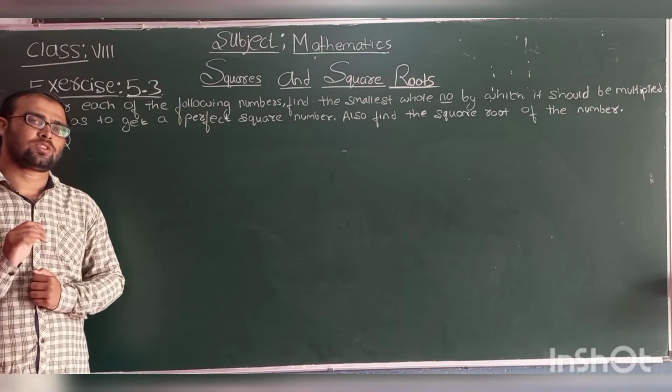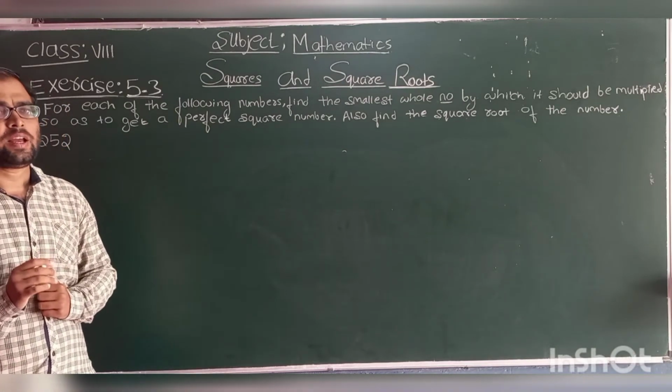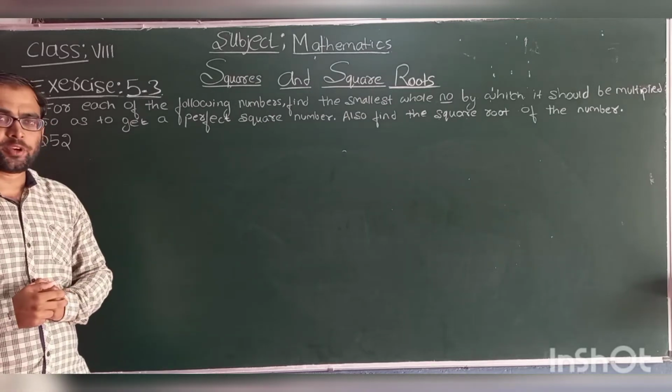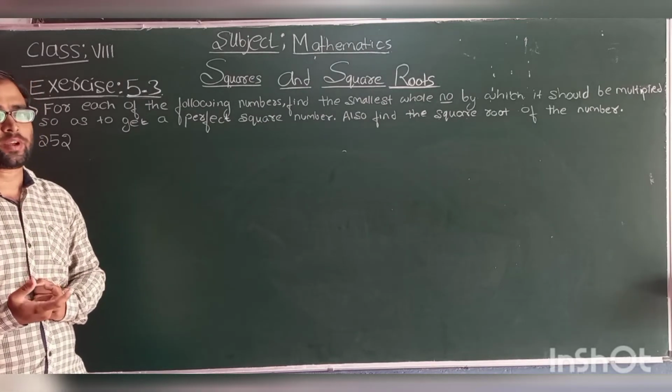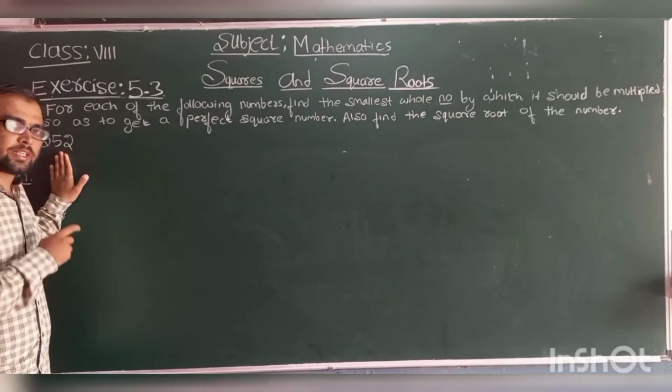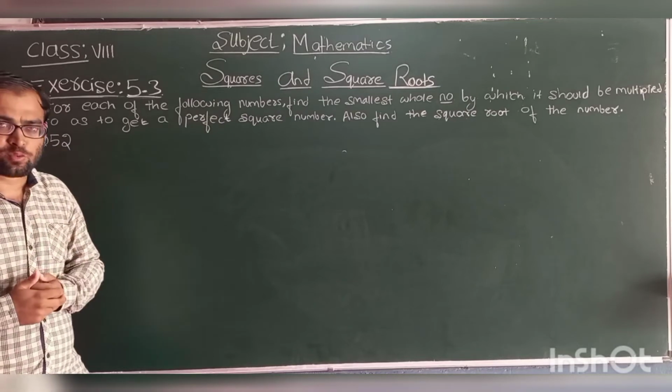This 252 is not a perfect square. When we multiply a particular number to this 252, then we will get a perfect square. Then what is the number that we need to multiply to 252 in order to get a perfect square?